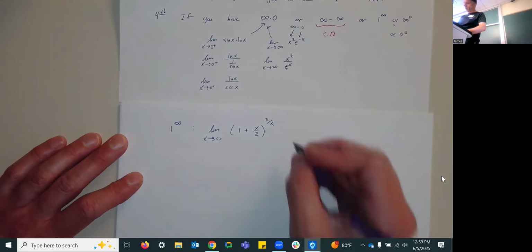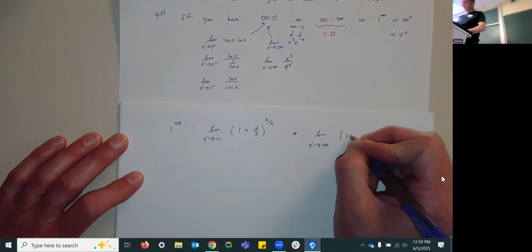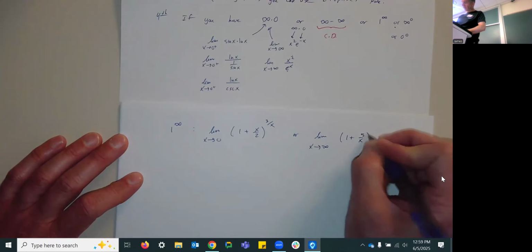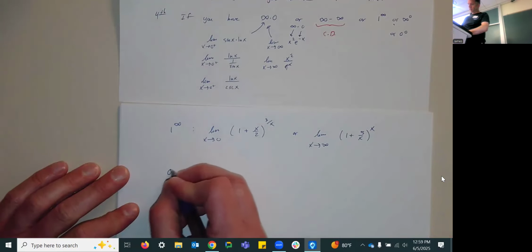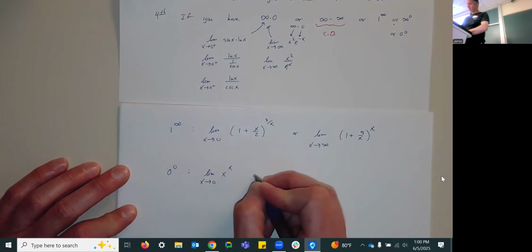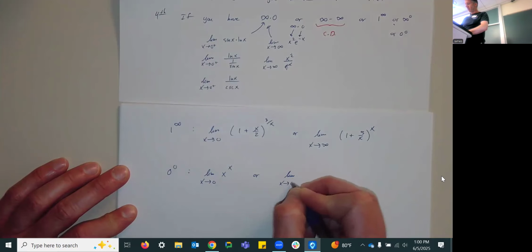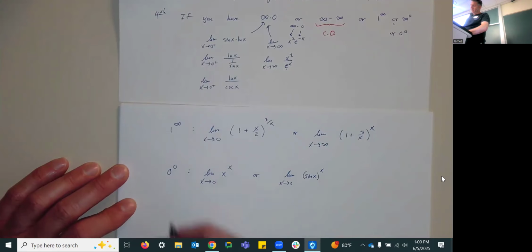Or something like the limit as x approaches infinity of 1 plus 5 over x to the x power. These are both examples of 1 to the infinity type of limits. Or a 0 to the 0, a real classic: the limit as x approaches 0 of x to the x, or the limit as x approaches 0 of sine of x to the x. And what was the last kind? Infinity to the 0 is always kind of funky: the limit as x approaches infinity of x to the 1 over x.